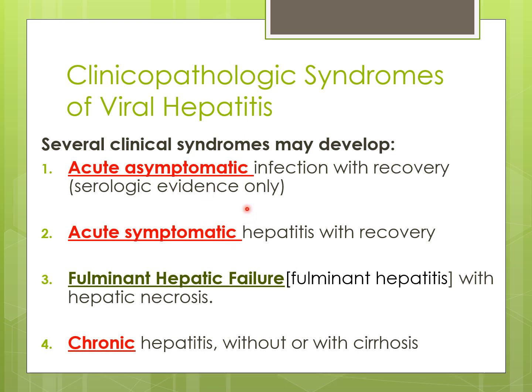After these acute and chronic symptomatic and asymptomatic hepatitis, we come to the fulminant hepatic failure, also called fulminant hepatitis. There's extensive hepatic necrosis. Fulminant itself means very severe, very strong, very severe inflammation and necrosis of the liver.